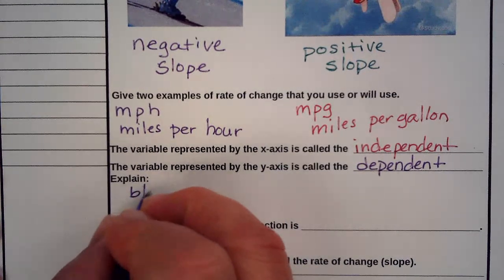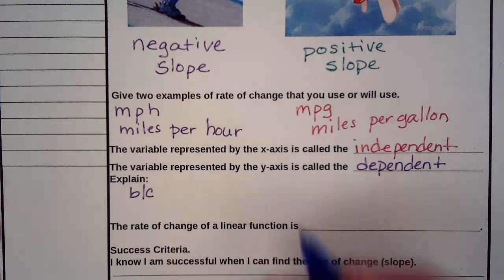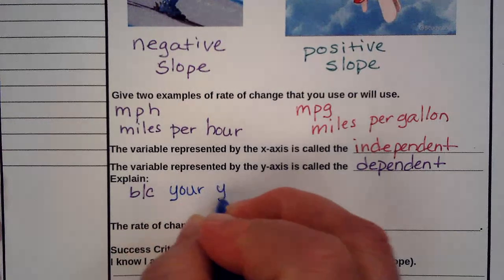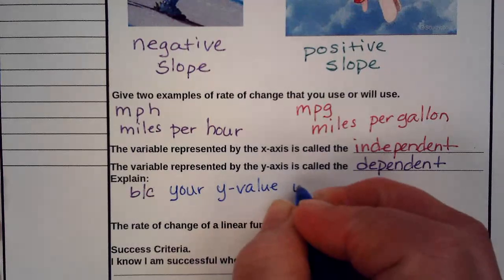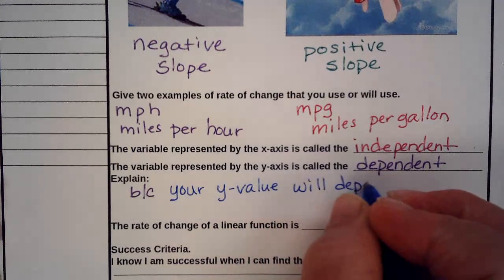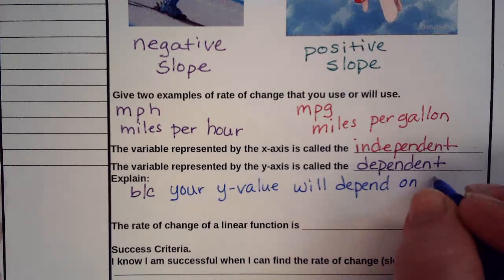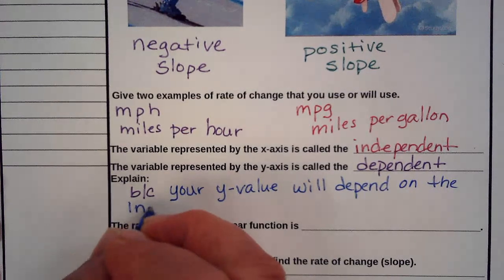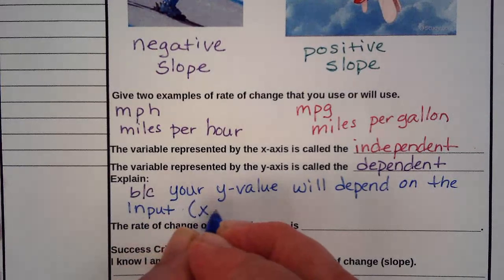Because your y value will depend on the input. In other words, that input is your x value.